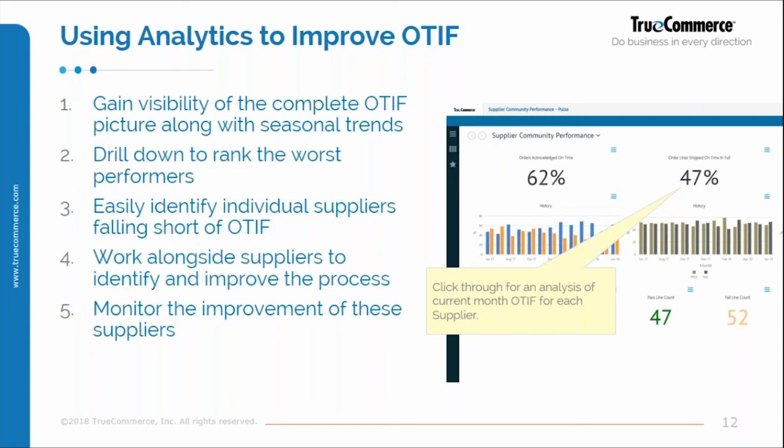So having understood some of the factors that affect OTIF, how would implementing the TrueCommerce Analytics solution help address these issues? Well, you could expect analytics to give you insight into the following: visibility of the OTIF landscape, including any seasonal trends, providing a drill down capability within the analysis to readily identify the worst performing suppliers, easily identifying suppliers who are falling short of their established OTIF targets.